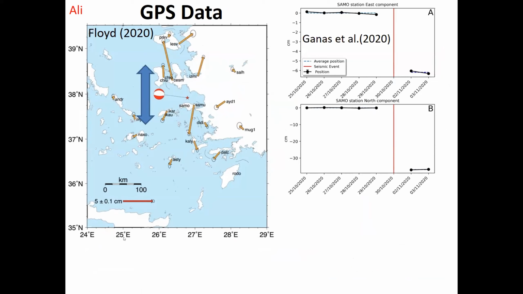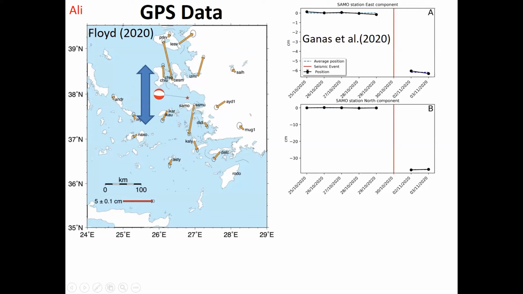In this figure, the length of the red arrow indicates a motion of around 5 centimeters. And here we can see that the motion at Samos GPS station and at Çeşme GPS station is around 5 and even a bit higher than 5 centimeters, moving in different directions.